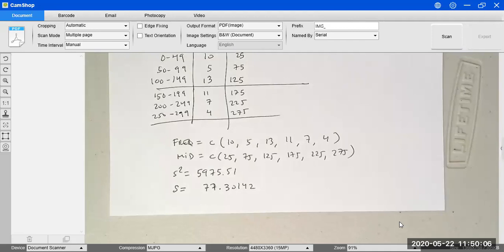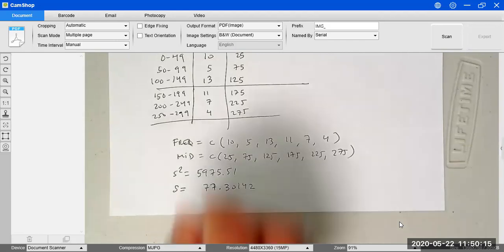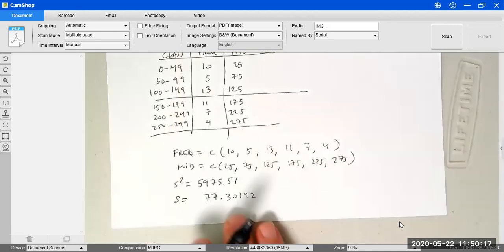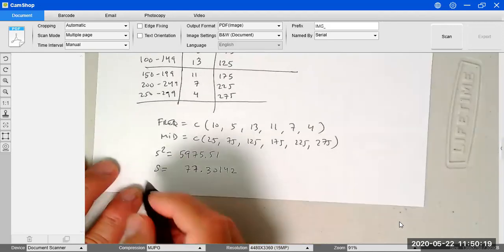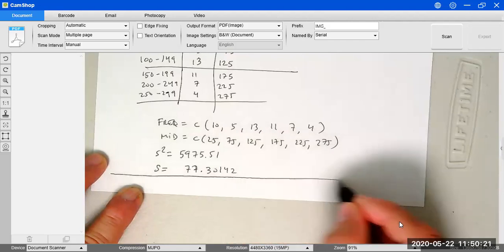Now it's your turn. You're going to work on these exercises that I'm going to assign, and that is going to be all for today. It's just 2 exercises.